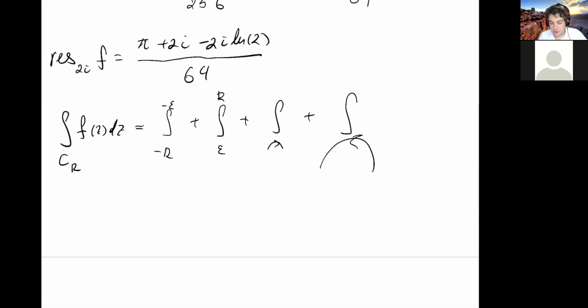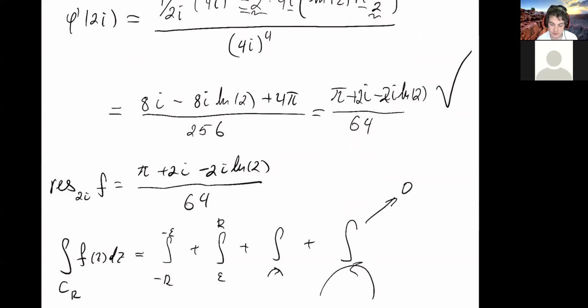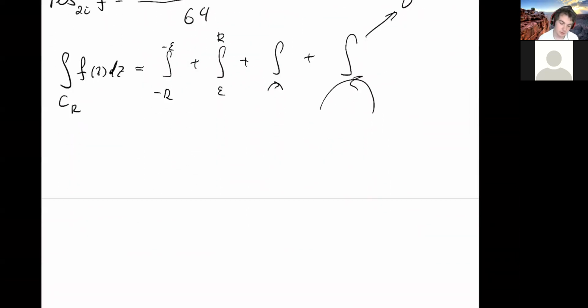Now, the integral over the big arc goes to 0. We cannot use Jordan's lemma anymore because Jordan's lemma needs an exponential, but we can use our good old brute force method. We can just take the function and estimate it. I will do it quickly.